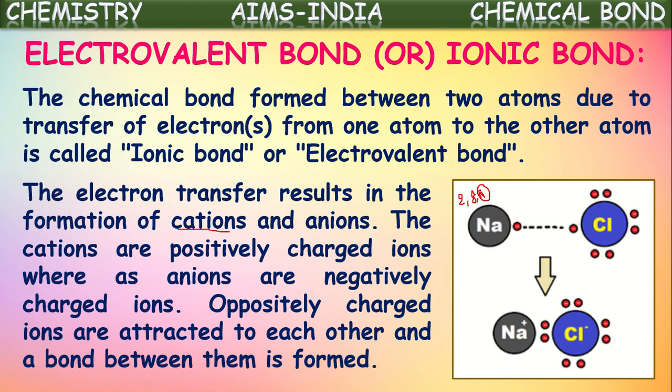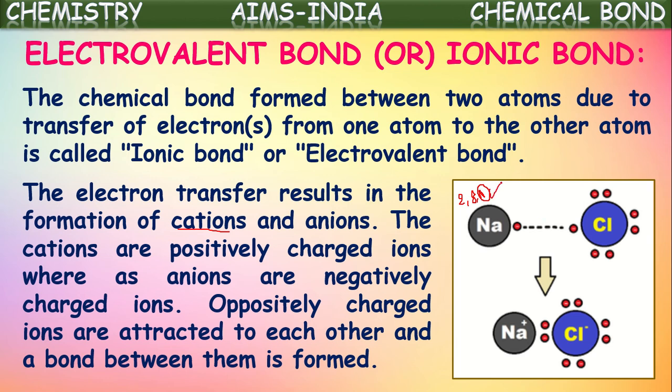If it is not a stable element, it will try to become stable by attaining the nearest noble gas configuration. So what is the nearest noble gas for sodium? Just before it, that is neon. So to get the configuration near neon, sodium will always be ready to lose this one electron.